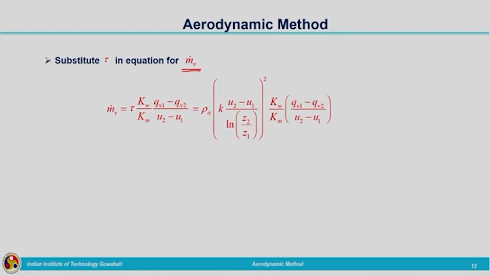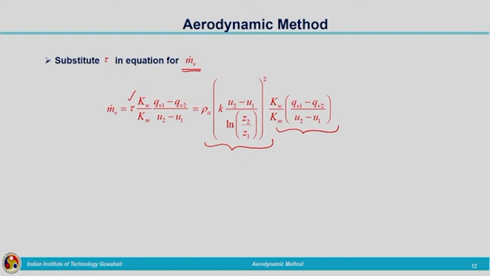So, we got a lengthy expression for mass transport. mv dot is given by rho a multiplied by this entire term, which represents our momentum flux tau, multiplied by kw divided by km multiplied by qv1 minus qv2 divided by u2 minus u1. This equation can be rearranged.